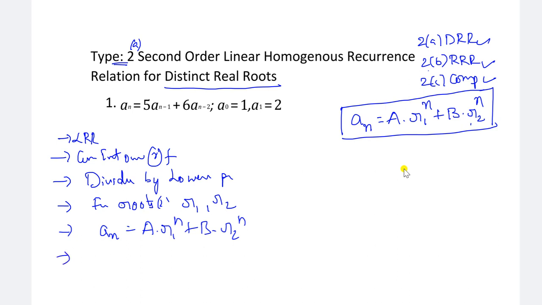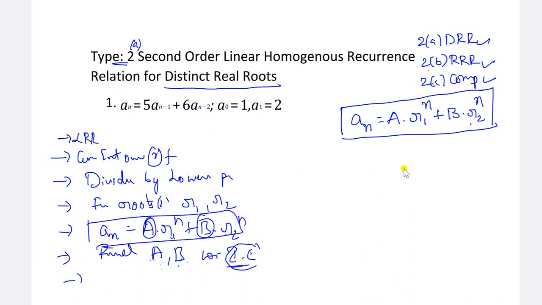Then find the a value and b value, that is the next step. In first order we only had to find the a value, but in this case we have to find a and b with the help of the initial conditions. Then substitute the a, b, r1 and r2 values in the equation, and finally we get the solution for our recurrence relation. Hope you understand the procedure.